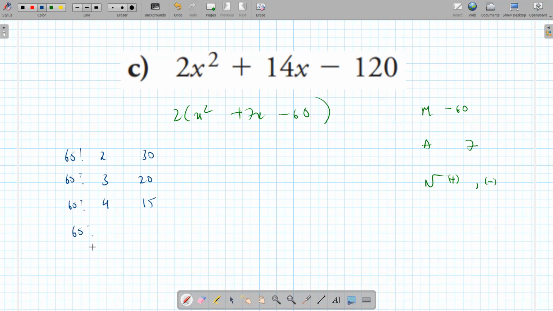Is it divisible by 5? 5 times what is 60? 5 times 12. So what are our numbers? 12 and negative 5. And the a value there is 1. It's just x squared, no extra steps needed. There you go. The x-intercepts are negative 12 and 5.